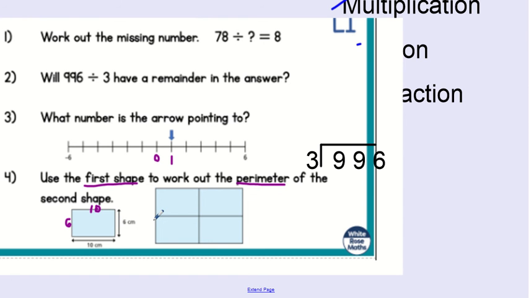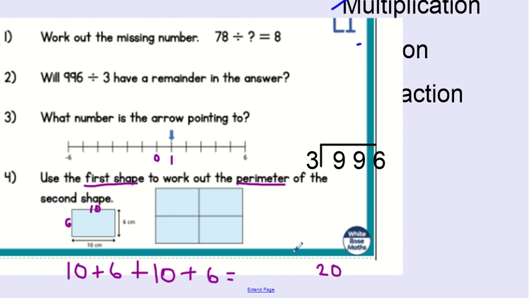Now, to find the perimeter, I want to know the total length, the outside of this shape. So I could do 10, add 6, add 10, add 6. Okay, I could do it like that. Or I could think, well, I know 2 lots of 10 is 20.